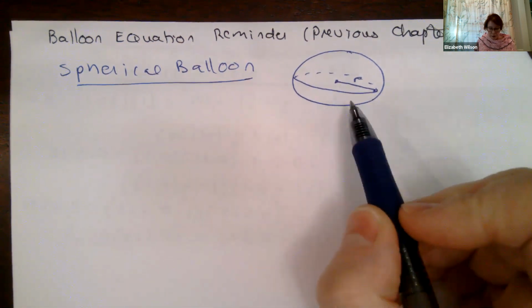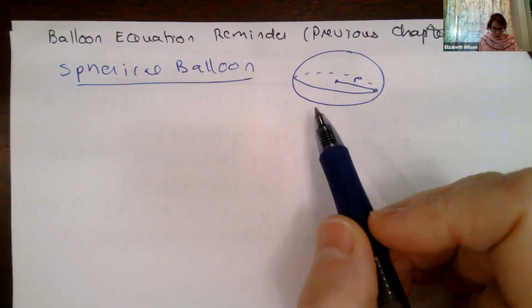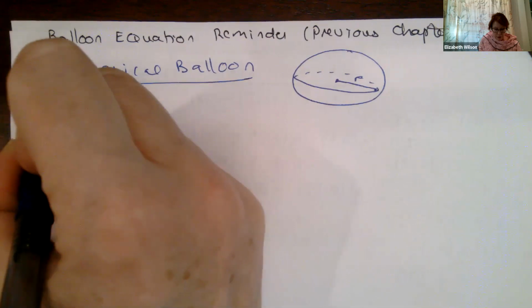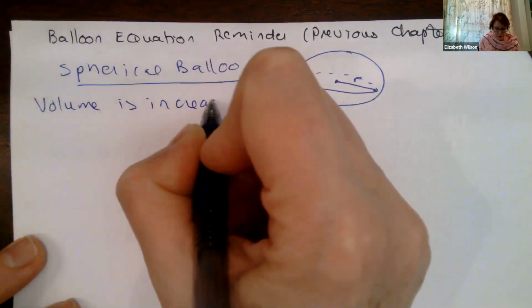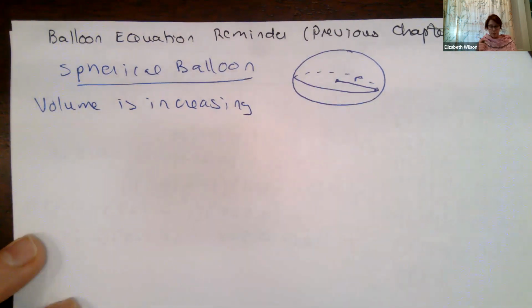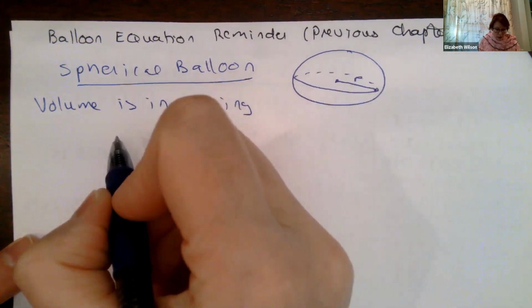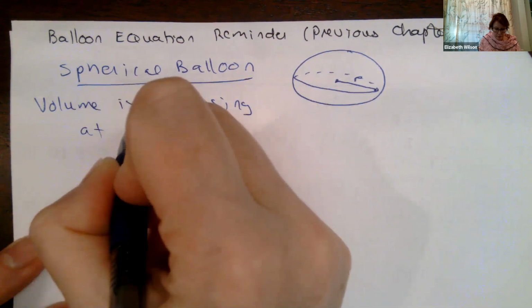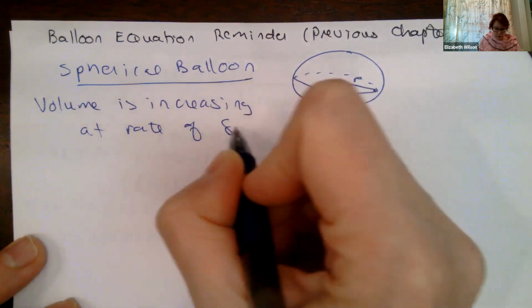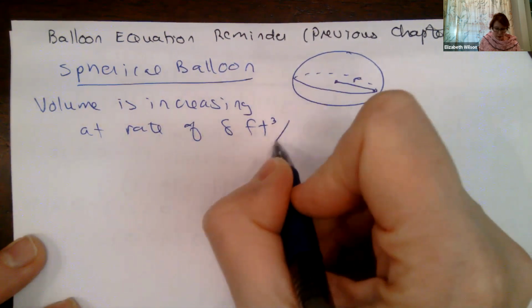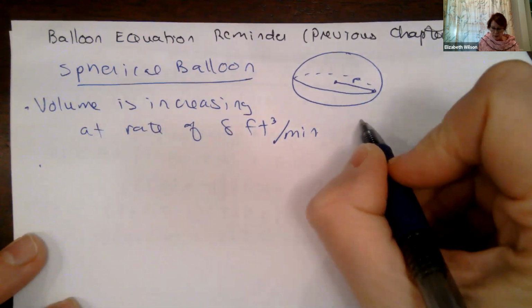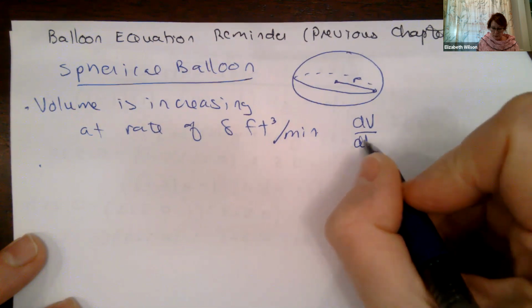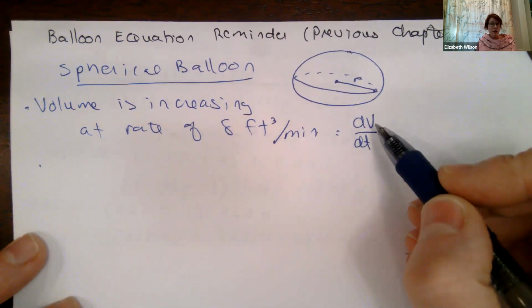But spherical balloon. The problem was that we have a volume that is increasing, right? So the person's blowing up the balloon. So the volume's increasing at a rate of 8 cubic feet per minute, right? So that's our given, this is actually our dV/dt, our change in volume over change in time.